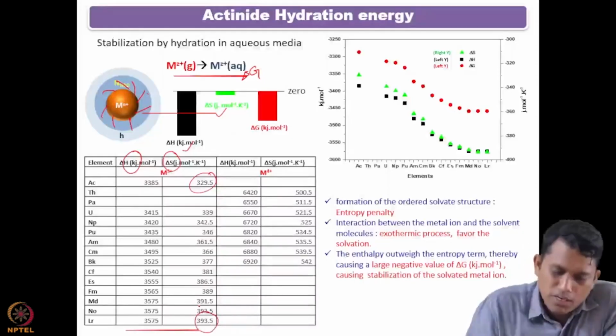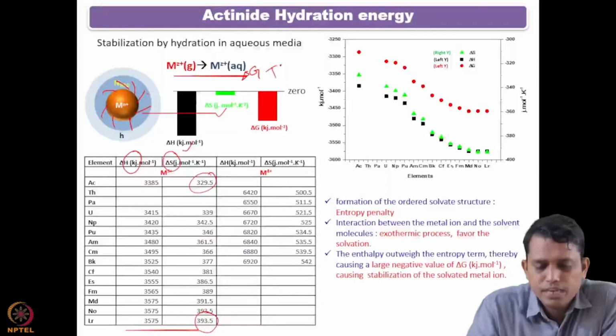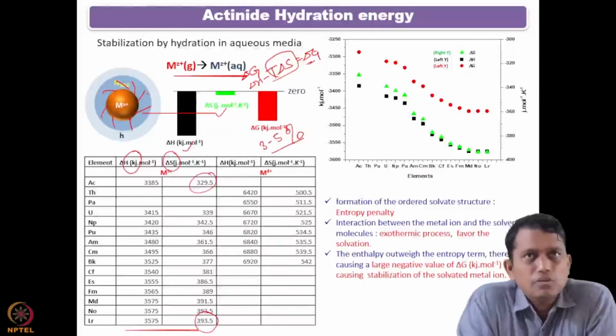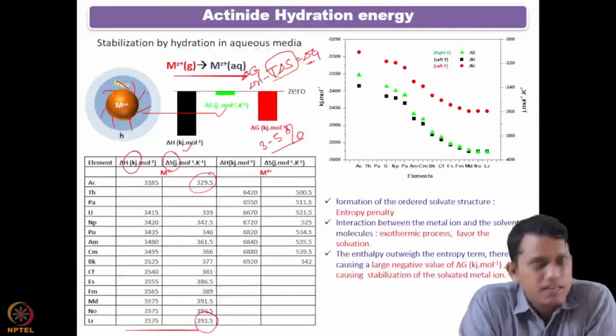So when you take the total value, that is T delta S, and subtract it from delta H to get delta G, we found that the total contribution of the entropy term to this delta G value is not more than 3 to 5%. So the stabilization is mainly coming from delta H. It is entropically not favored, but enthalpically very favored.